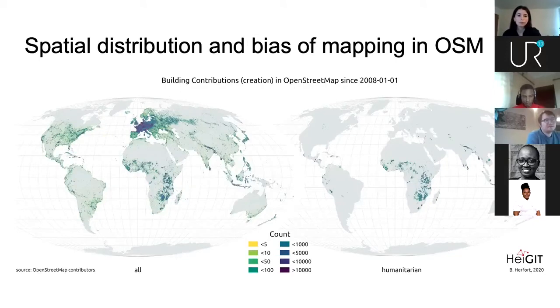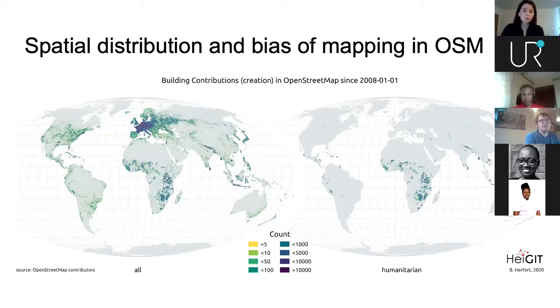we can make this a bit more concrete. Here what you see on the two maps is the buildings that have been mapped in OpenStreetMap. On the left-hand side, you see the global coverage, overall everything that has been mapped in OpenStreetMap since 2008 and how it distributes. You see it's Northern America, Western Europe, also parts of Central Western Africa, Nepal stands out here.